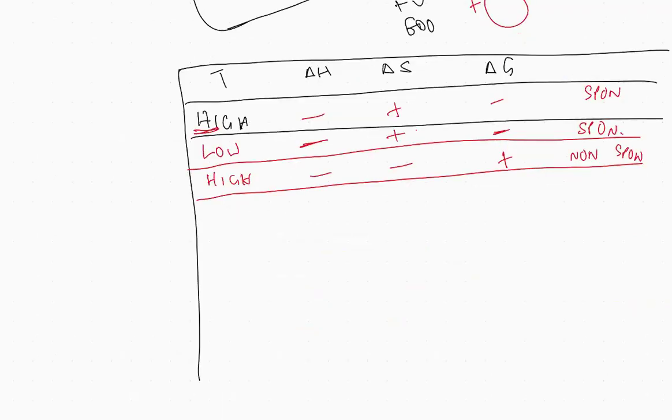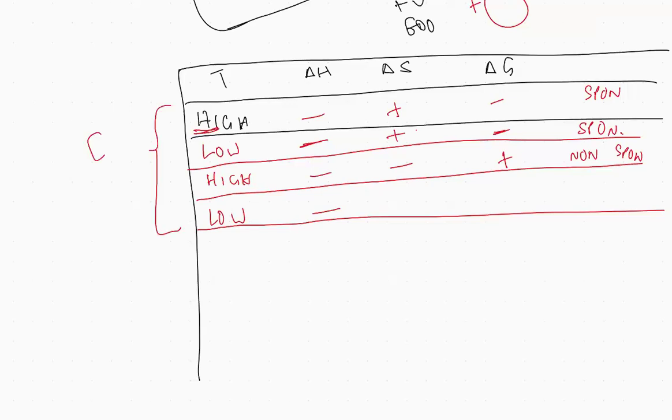You can just understand it, then you will remember it. Different situations: high, low, high, low. So if the temperature is low and delta H is negative, so these are all exothermic situations. Delta H is negative.